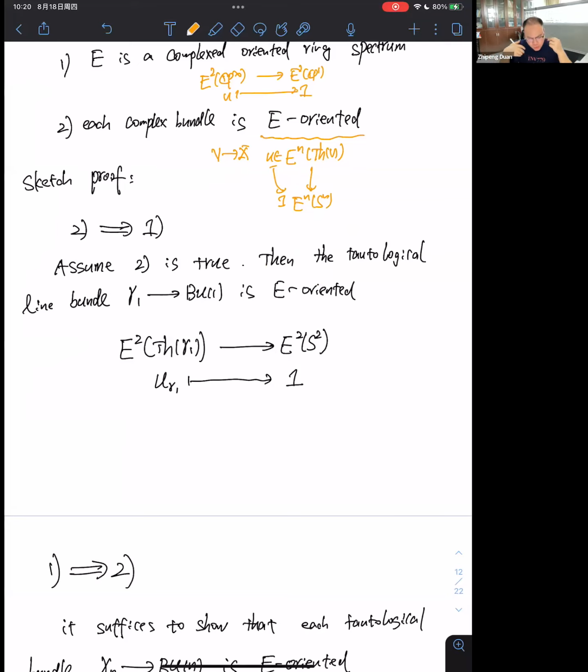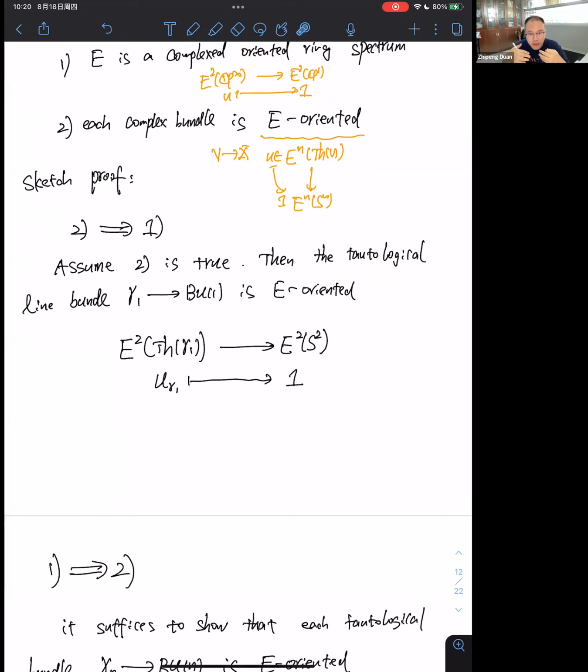If we assume that each complex bundle is E-oriented, how do we show that the ring spectrum E is complex oriented? We just need to find the class satisfying this property.